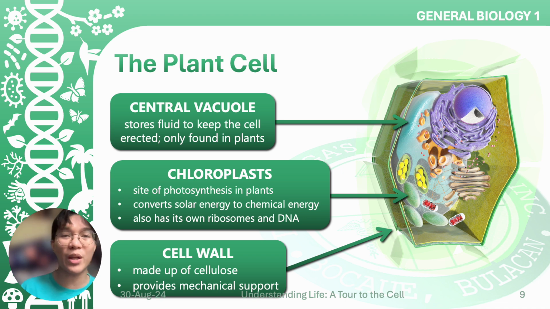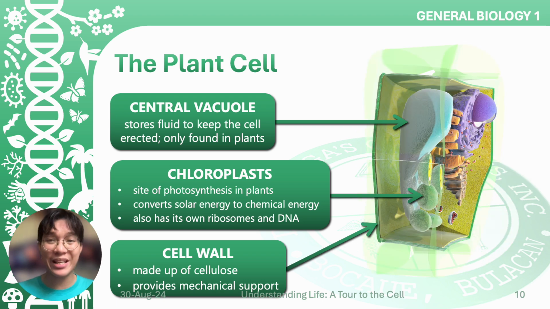Your central vacuole will store a big amount of fluid to keep your cell erect. Again, this is only found in plants. What's in your animal cells would be food vacuoles that are often temporary. But the central vacuole is permanent. As you can see here, you have a big space inside your cell for your central vacuole.